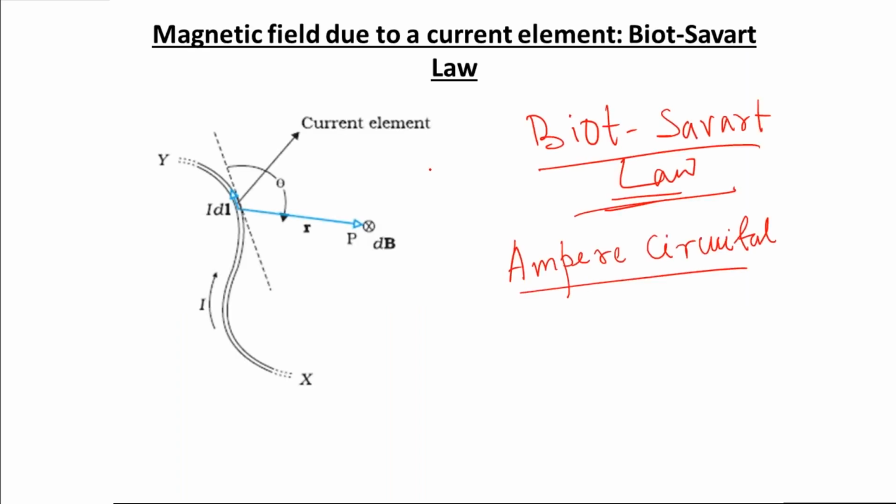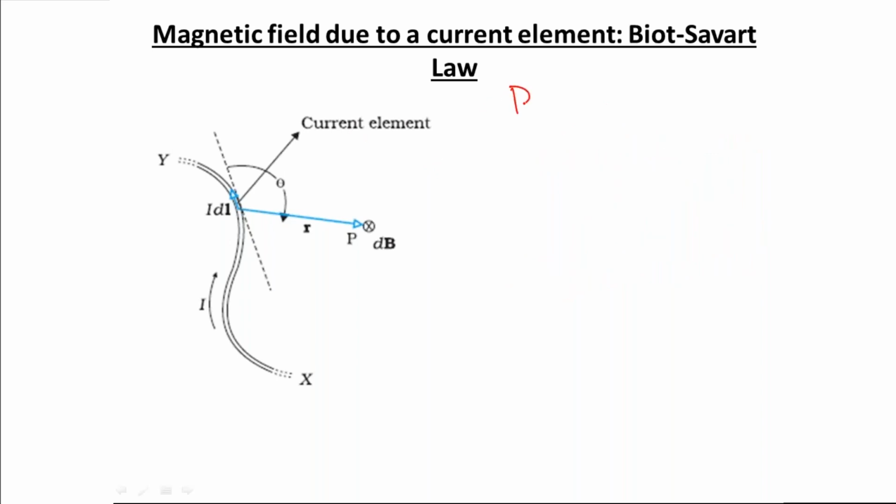Okay, so these two topics we'll try to cover, and then we'll take a few numerical examples if time permits. So let us see what the Biot-Savart law says. As such, it does not have a proper statement to say.